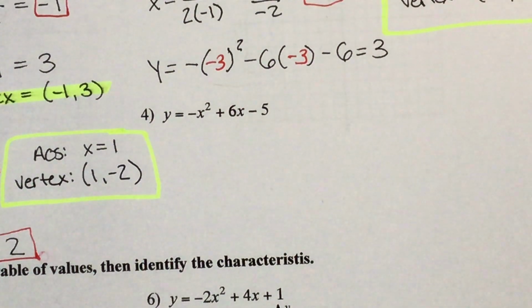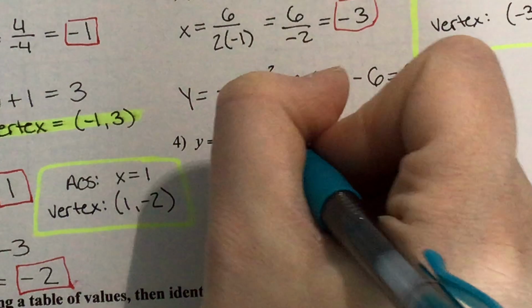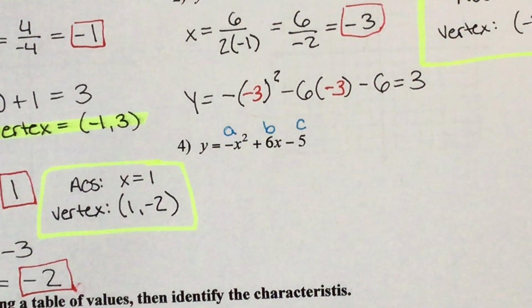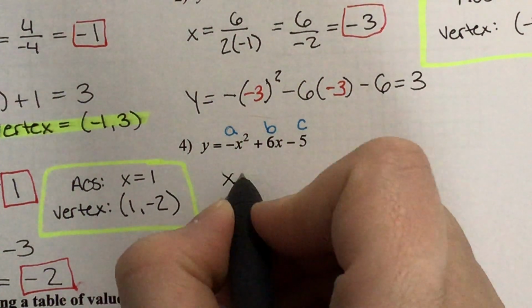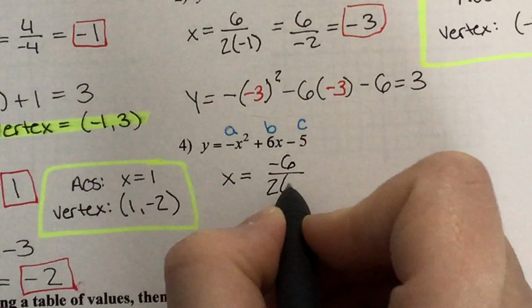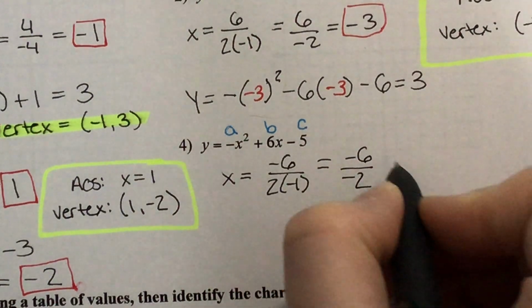Okie dokie. Last one. Again, A, B, and C. All right. x equals -b, so -6 all over 2a, -1. So -6 over -2, +3.